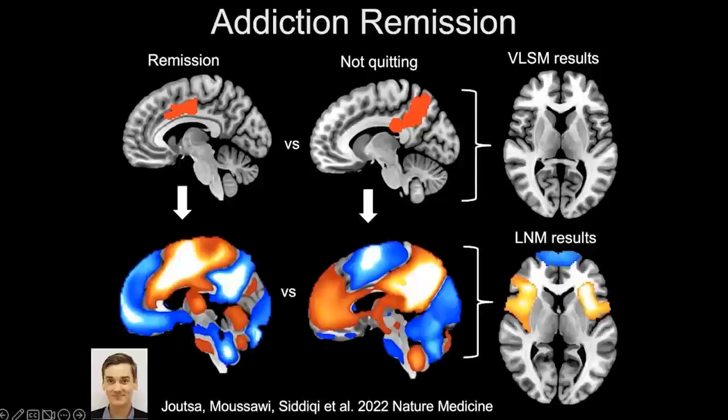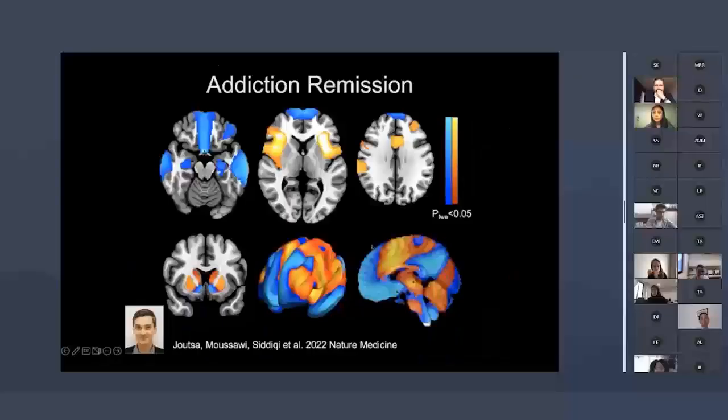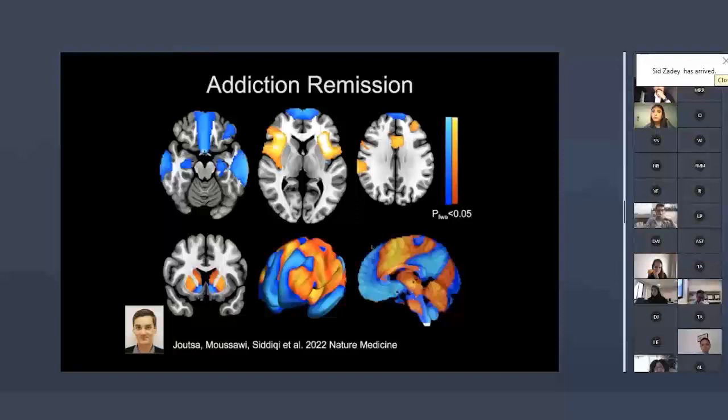Next slide. But when Yuho turned each one of these lesions into a network and said, show me the set of brain regions that each lesion location is connected to, and then said, are there any connections significantly associated with loss of addiction, then he got significant findings. Next slide. What he found is that lesions associated with loss of addiction were connected to a very specific network of brain regions.